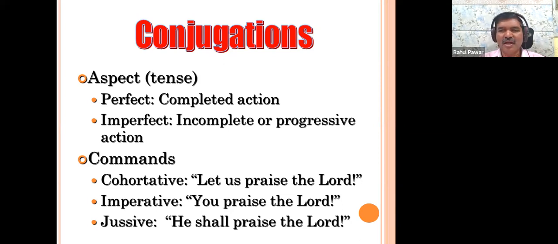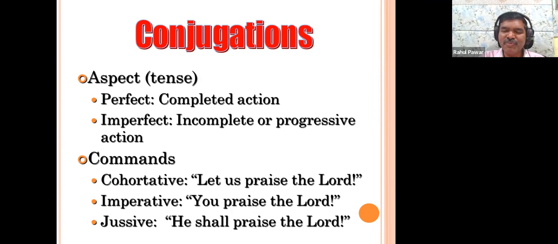But we consider most of the time that perfect means completed action and it represents past tense, and imperfect means action that is not completed, but there is a possibility that in past, action is ongoing, or it is incomplete action.